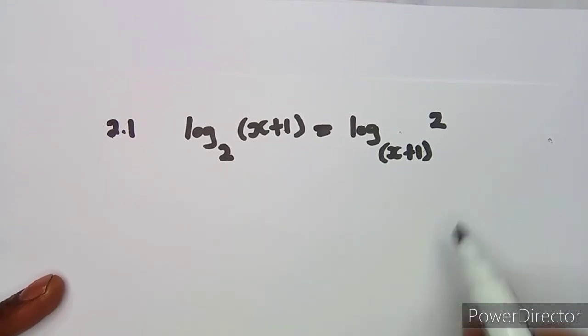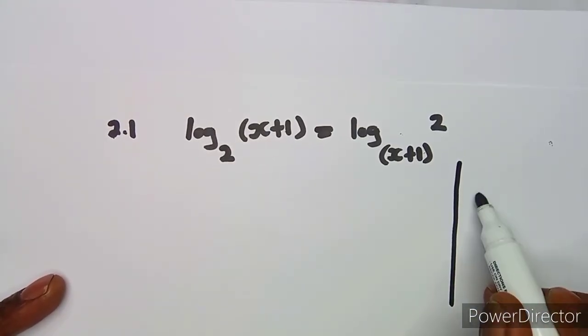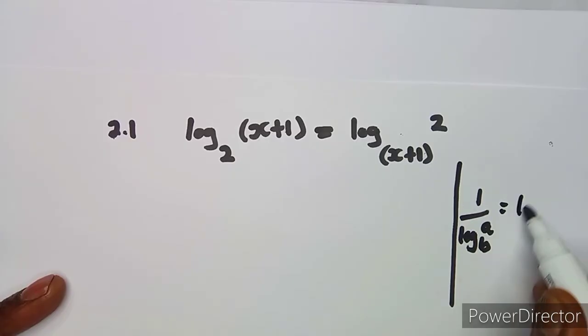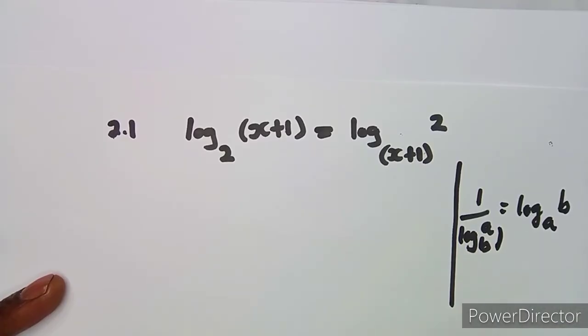So we know that we can do the interchange of bases here using this concept of 1 over log a base b, which gives us log b base a, where you interchange these numbers. So I can actually do that to make sure that these two are the same.